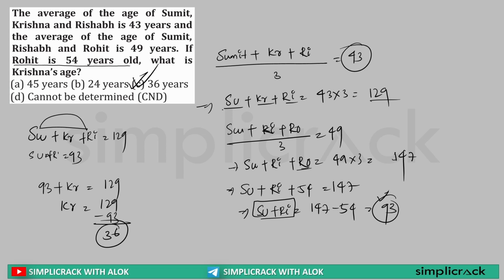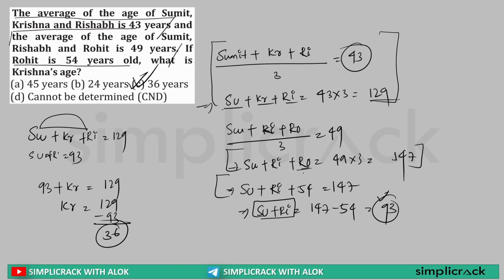Clear? This is how you can solve a complex problem by breaking it down into smaller parts. First we took the first instruction, the average age of Sumit, Krishna and Rishabh is 43 years, and found the total age. Then in the second part, the average age of Sumit, Rishabh and Rohit is 49 years, so we found their total is 147.